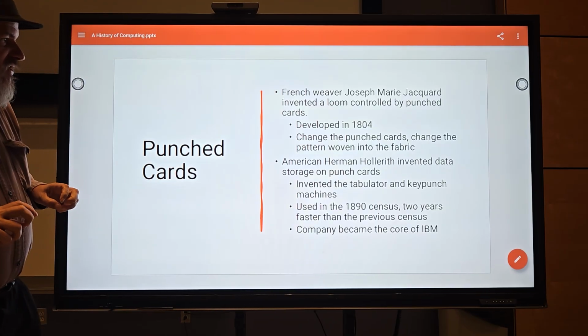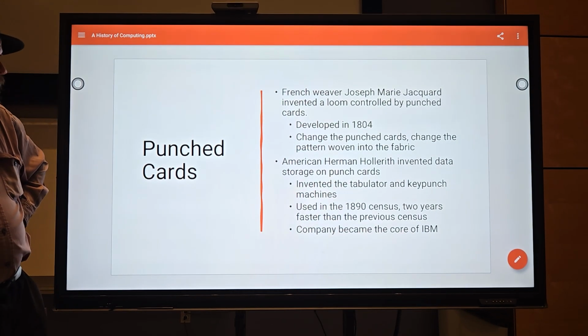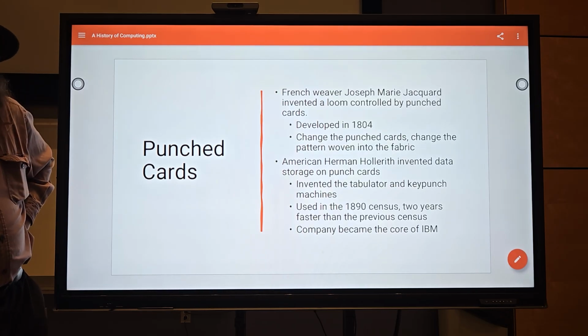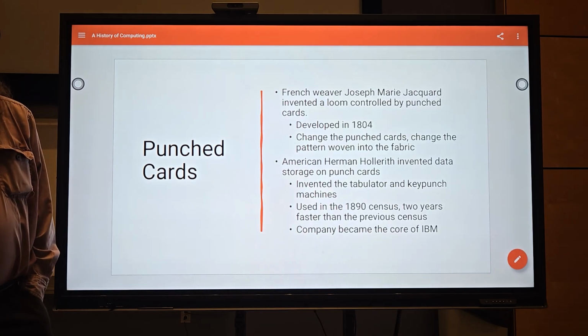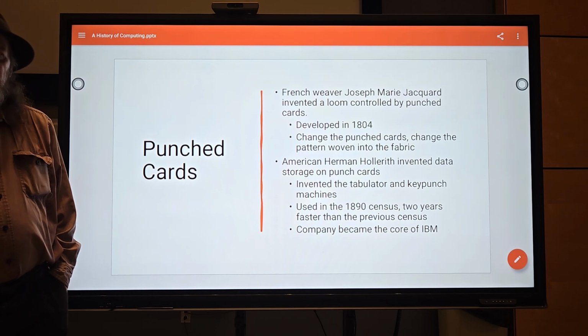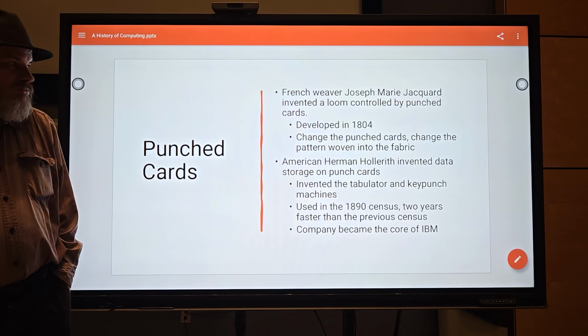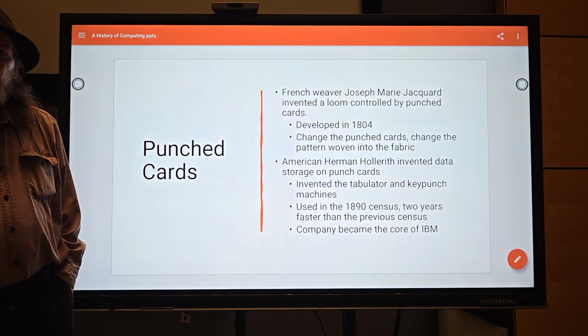And that's it for the first half of the slides. I will be making the rest of the slides for the next session, which will be about general purpose computers, starting with Charles Babbage's analytical engine and difference engine, developed in the 1820s.